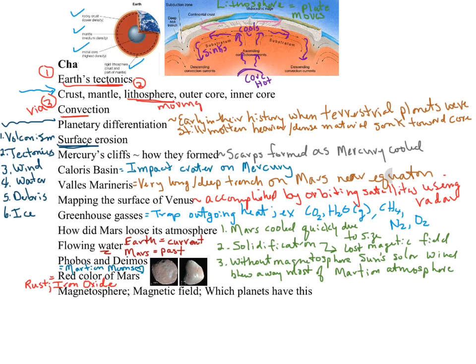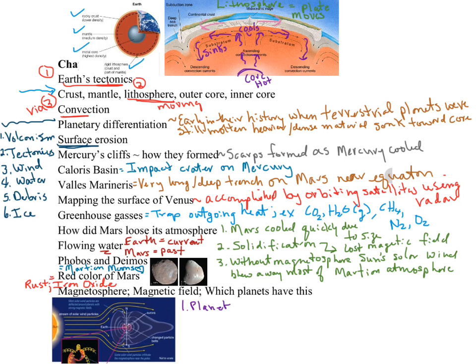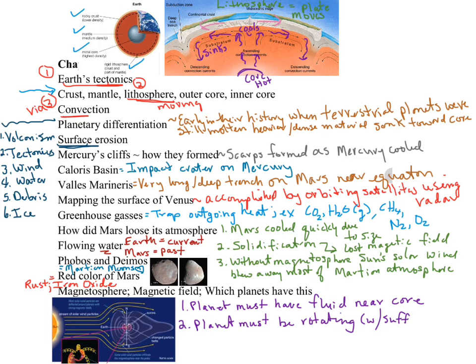The last one, then, is the magnetosphere, or magnetic field. Those terms are synonyms. I brought in the figure from your textbook about Earth's magnetic field. And right here in purple, this is important. Planets like the Earth can only have a magnetosphere if two criteria are met.